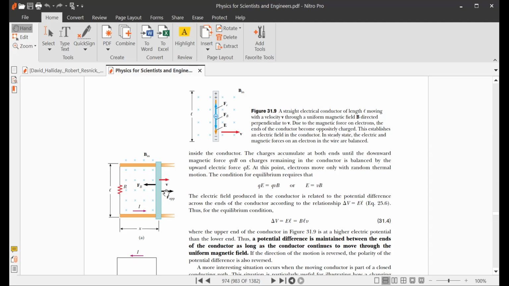Because the flux becomes bigger and bigger, there is an induced magnetic field B in here, caused by the induced current. So the induced current here is counterclockwise.